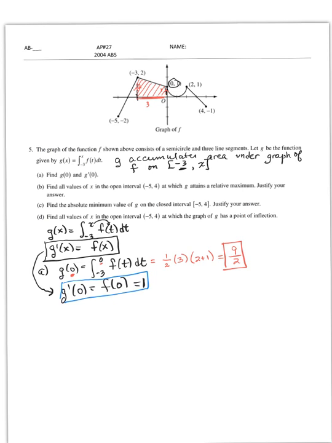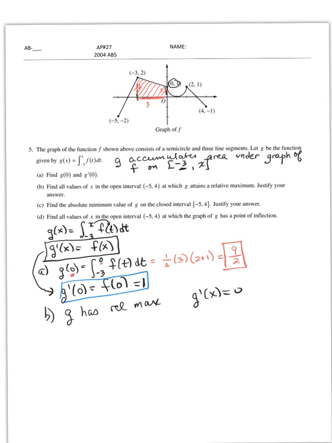Okay. Now part B asks, find all values of x in the open interval from -5 to 4 at which g attains a relative maximum. Justify your answer. So going back to the fall, g has a relative maximum. Well, we have to find out when the derivative of g is 0.